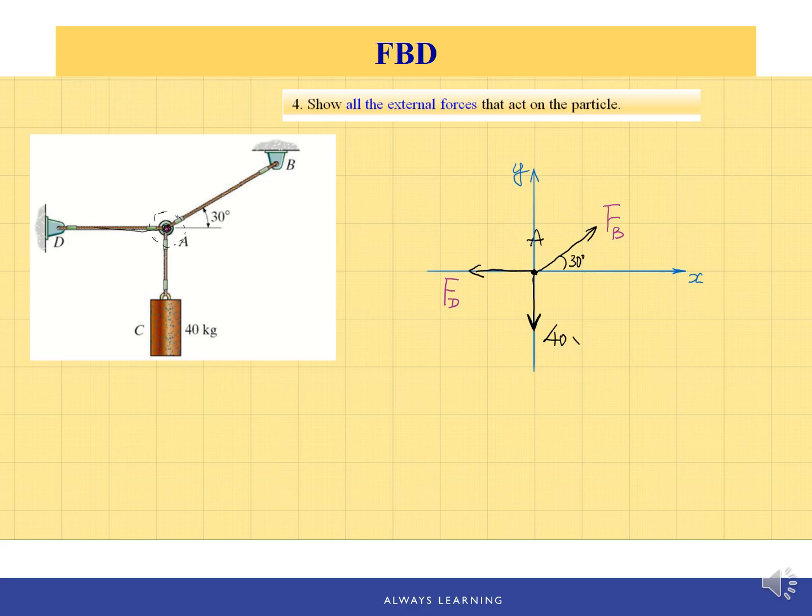So you have to calculate the weight here. Remember, we're using forces here, not the mass. So times 9.82 gravitational acceleration. Well, let's put units for those quantities so we don't make mistakes.